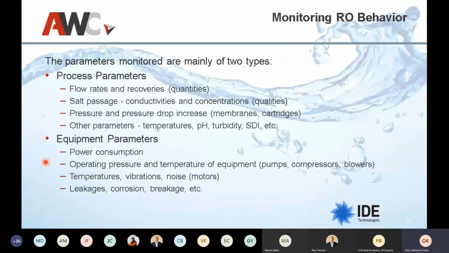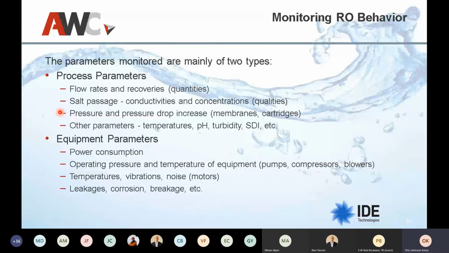So when we're monitoring, after we've designed, we want to monitor the system and see how it's performing. There will be process parameters that are important, and also equipment parameters. So we can make sure that we're working at the right flow rates and recoveries.